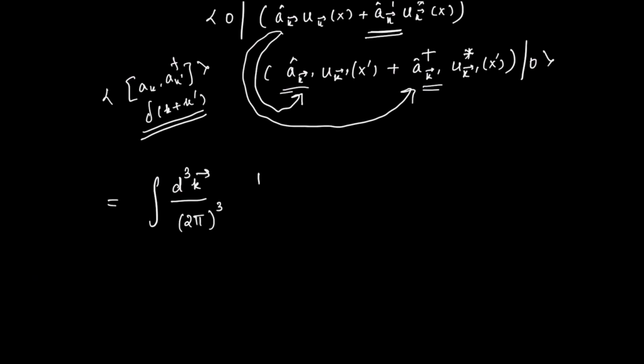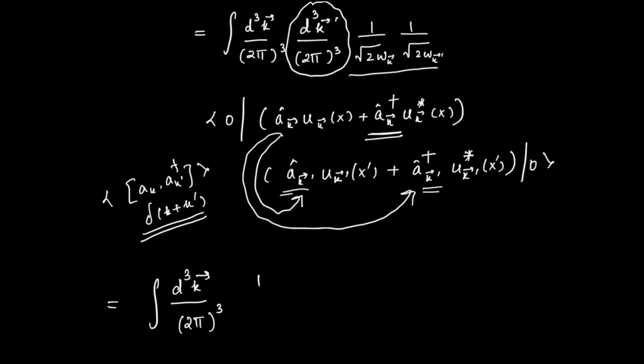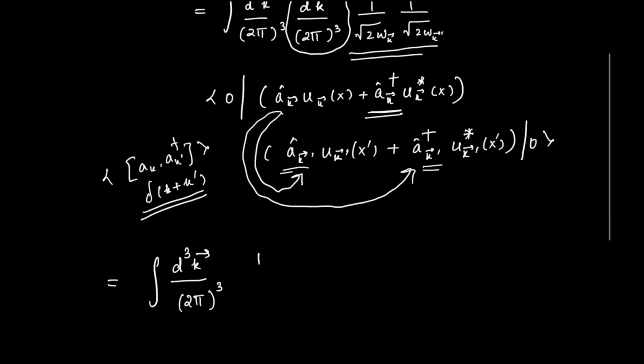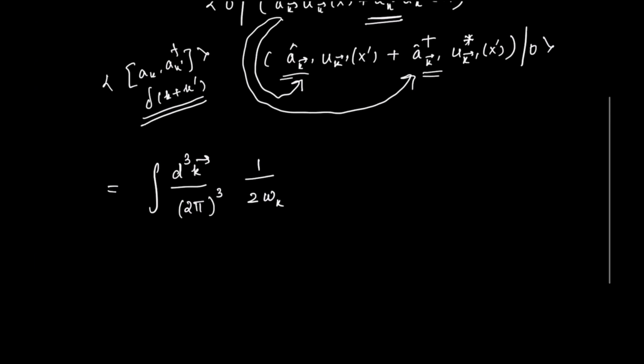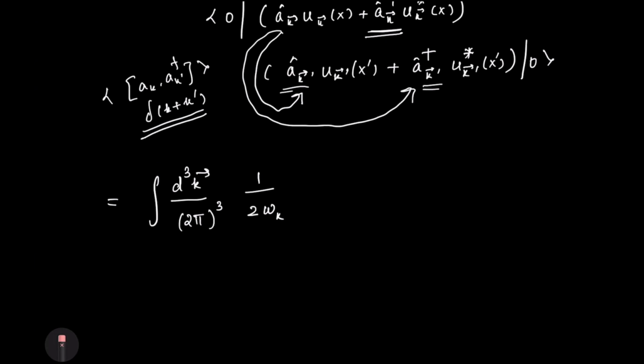Here 1 by root of 2 omega k and 1 by root of 2 omega k prime will become 1 by 2 omega k, and the only function that is left will be e raised to minus i omega k (t minus t prime) plus i k dot (x minus x prime).